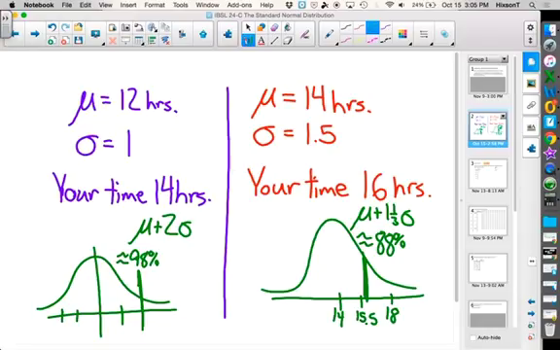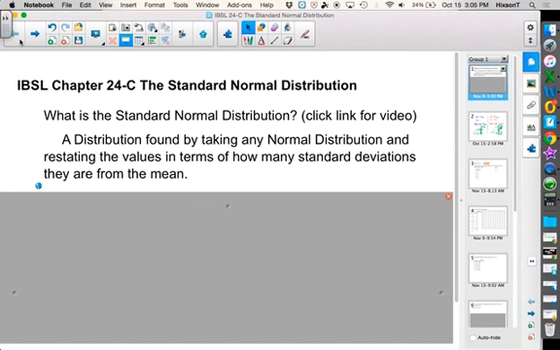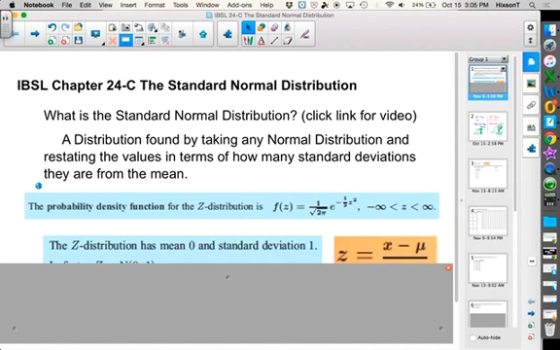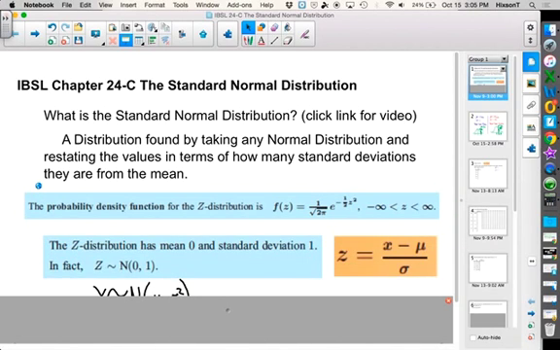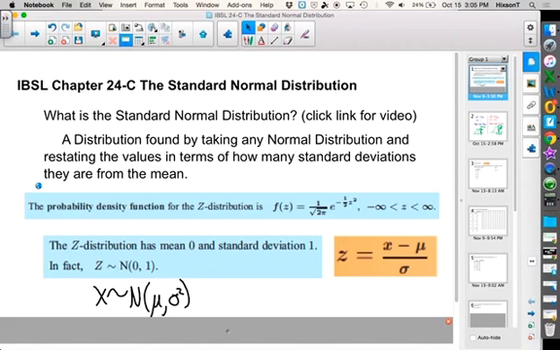Looking at it in terms of standard deviations is actually what the standard normal distribution does. It translates everything into a situation where we have a mean of 0 and a standard deviation of 1. If you remember our notation, x is distributed normally with a given mean and variance.